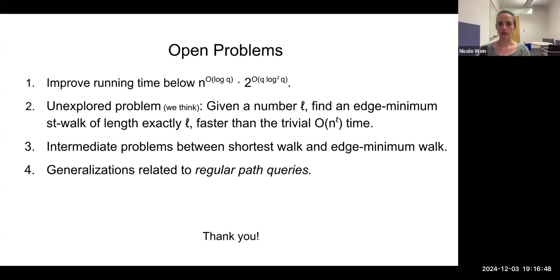And so you could imagine various generalizations of the problem that we studied to certain regular expressions. And you can read more about that in the paper.